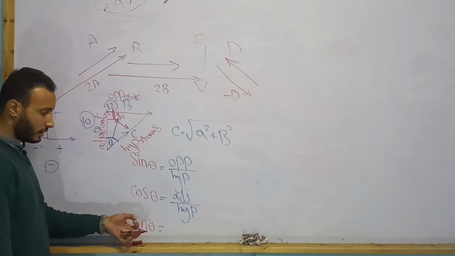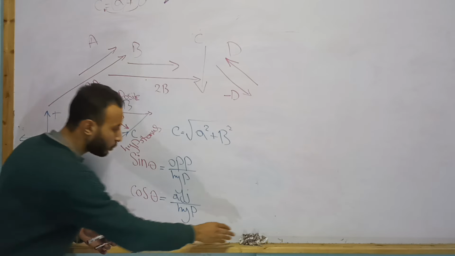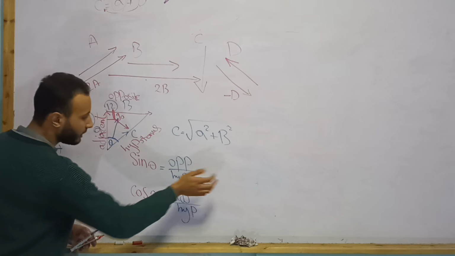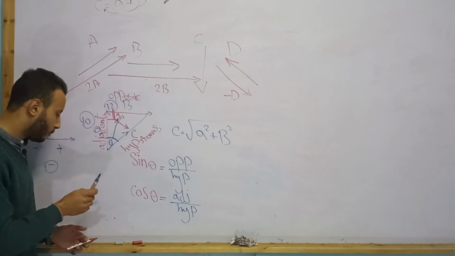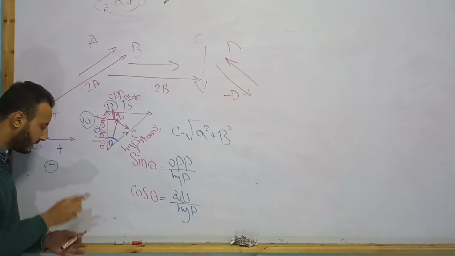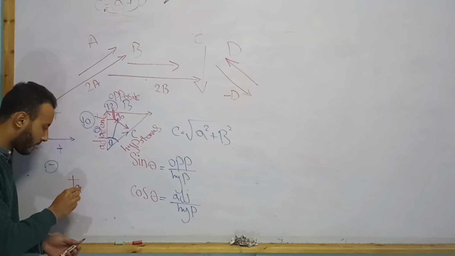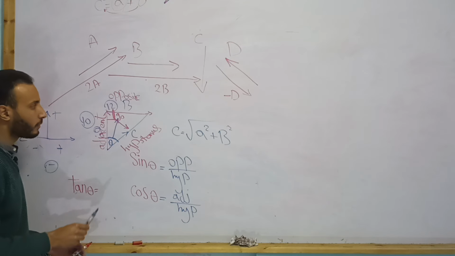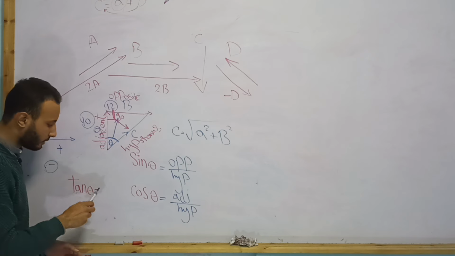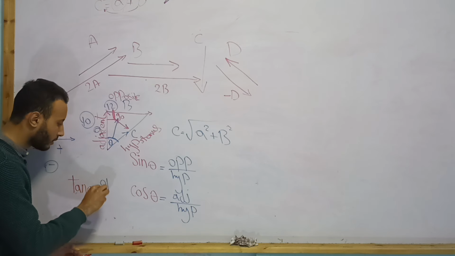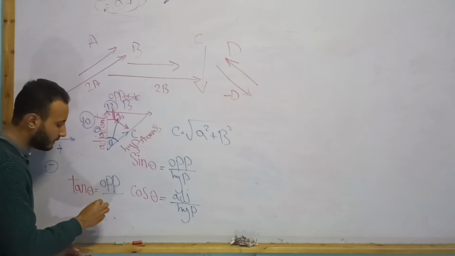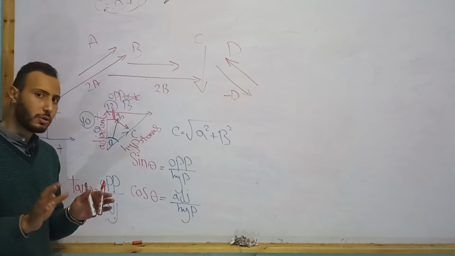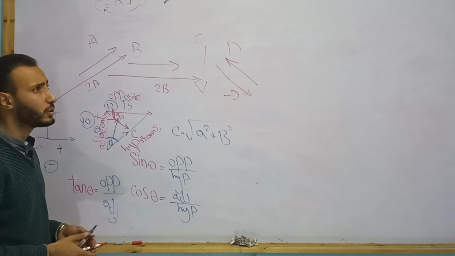And the last one, and I think the most important one, but all of them are important, I'll write it here to be more clear: tan theta. And tan theta is equal the opposite divided by the adjacent.